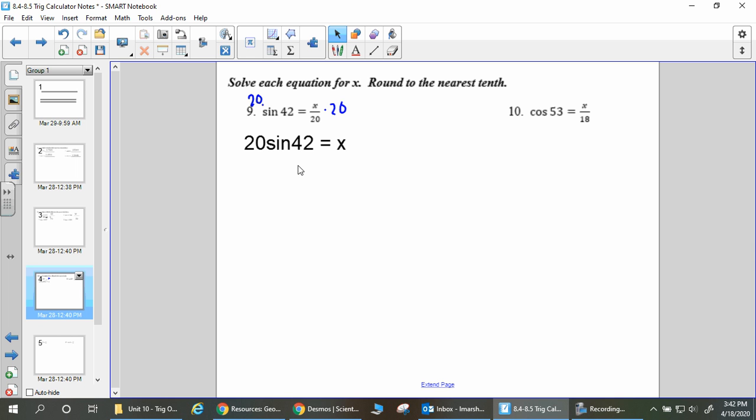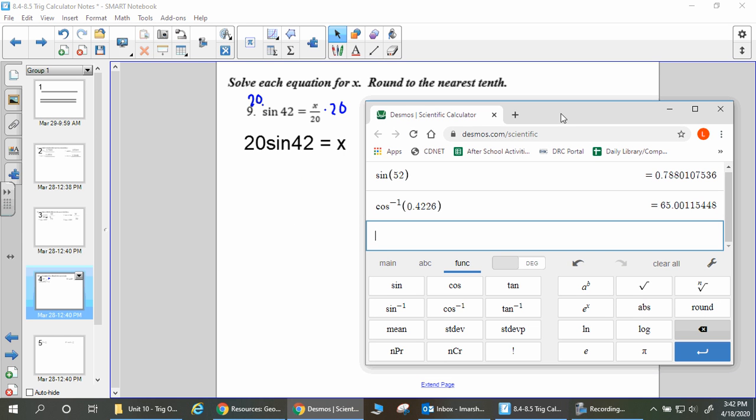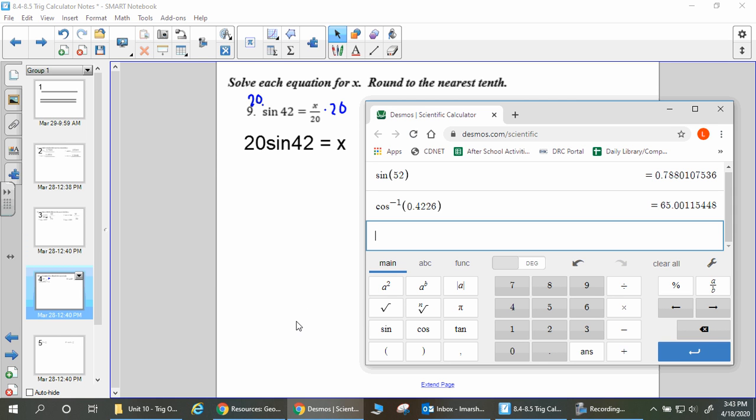So again, depending upon what calculator you're using, it varies a little bit. If you have a calculator like the one on the internet, where I can put the words in first, I'm going to literally type what this says. I'm going to do 20 sine 42, and I'm going to hit equals.